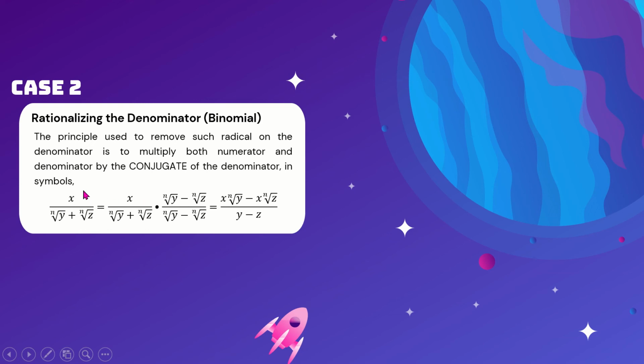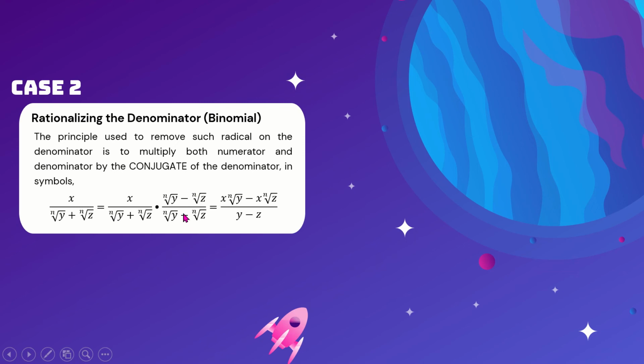So the given expression is x over the nth root of y plus the nth root of z. We multiply it by the expression itself with the conjugate, since the conjugate of a binomial is a binomial that has the opposite sign, which is minus.